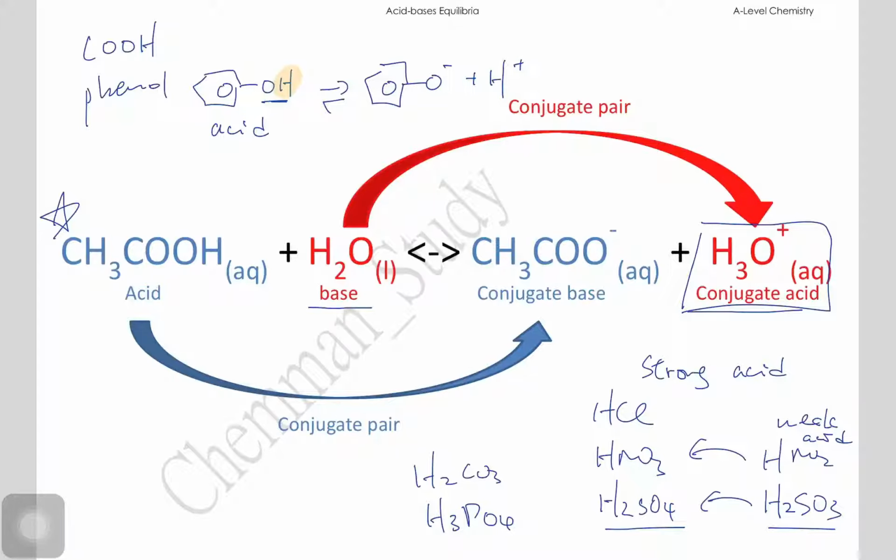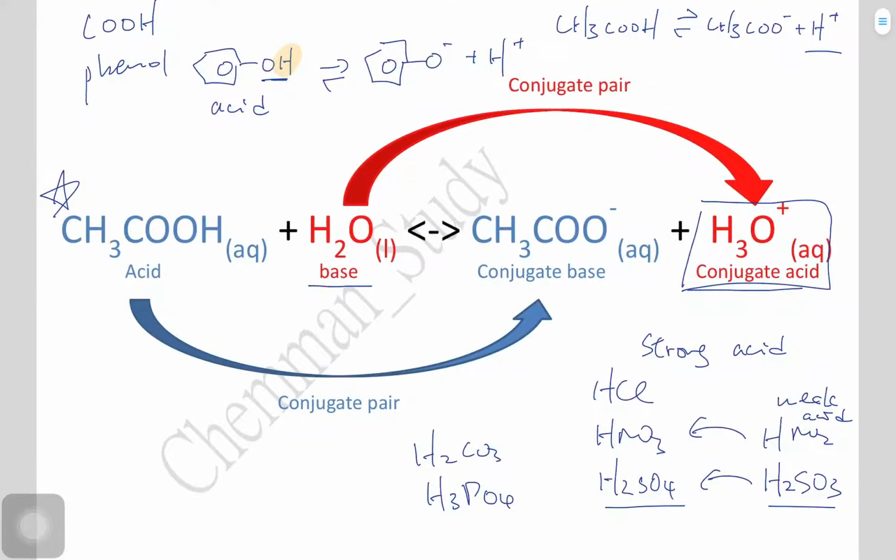But if you remove the water, then you can write this one. This equation is also correct in the real exam, but the difference is that you remove the water, so you just write H plus instead of H3O plus.